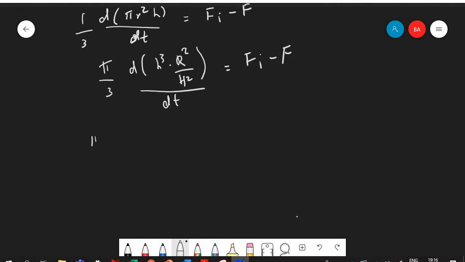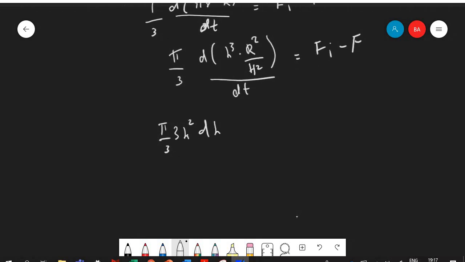Now we are just going to take the derivative of the h here, and this will be an implicit derivative, where the derivative of h cubed is 3h square times dh by dt, and we take R square over H square out of this term, so this will be R square over H square times dh by dt.